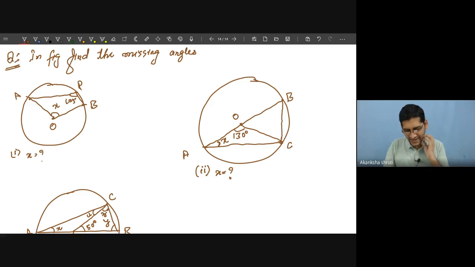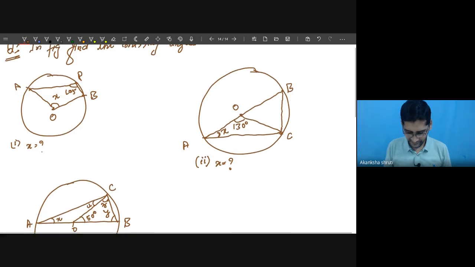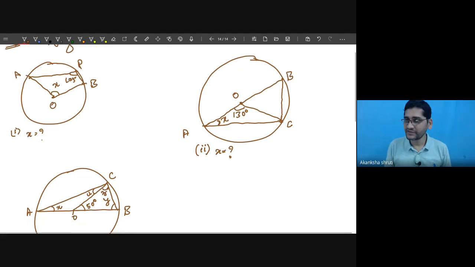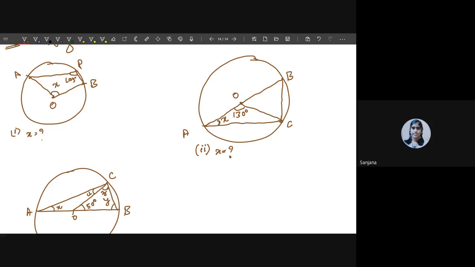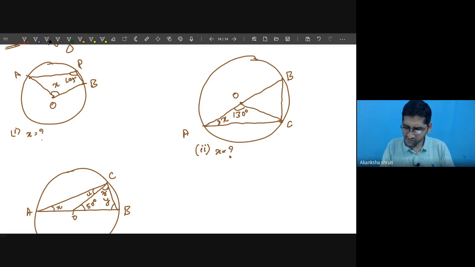What about the other students? Any other response from any other student? Last time I had explained all the concept. X is equal to 75 degrees. Okay, let me verify.